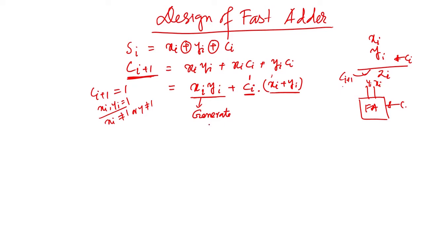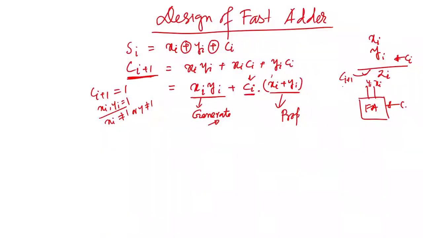But if this is 0, that means one of these two values is 0, then it is not generating, but whether this carry will propagate or not depends on whether any one of Xi and Yi is 1. So, this term is called propagate.